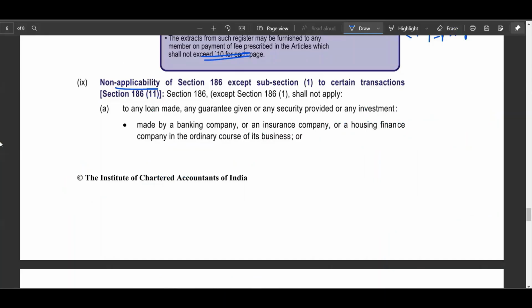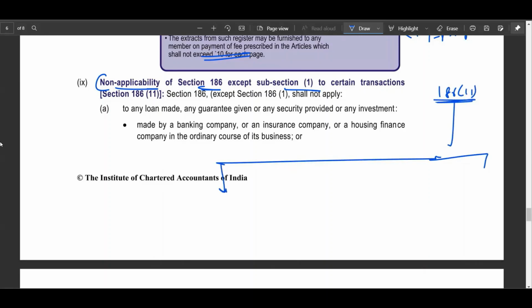All right, so now let's talk about the non-applicability of section number 186 except 186 subsection 1. 186 subsection 11 basically says that if a banking company, insurance company, or housing finance company, in the ordinary course of business, is providing loans, investments, and guarantees, then this section is not applicable.